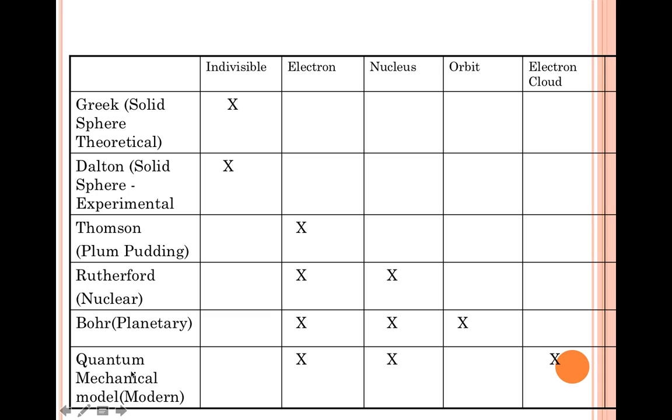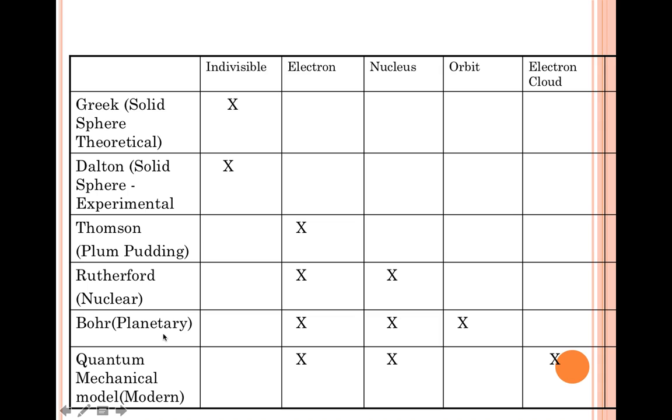So on your chart that you have been filling in, this is what you should have. The Greek was theoretical and said that the atom was indivisible. So did John Dalton, but it was based on experimental work. Thompson's plum pudding gave us the electron, but didn't really tell us where it was. Rutherford's nuclear model gave us both the nucleus with the protons and the neutrons and the electrons around the outside, but not really where around the outside.